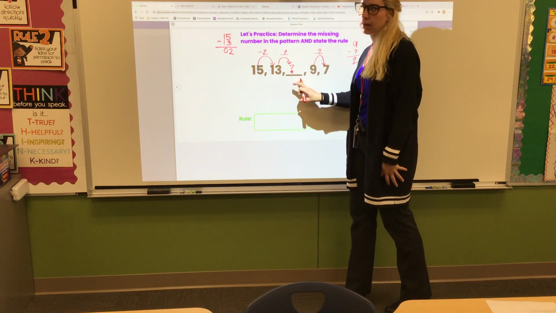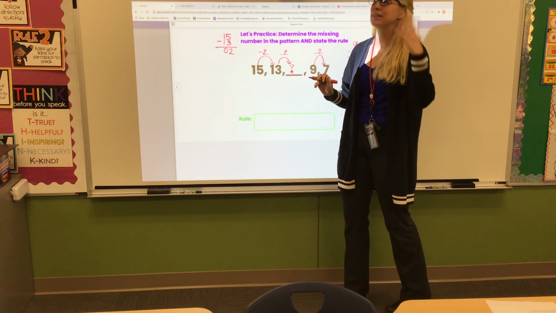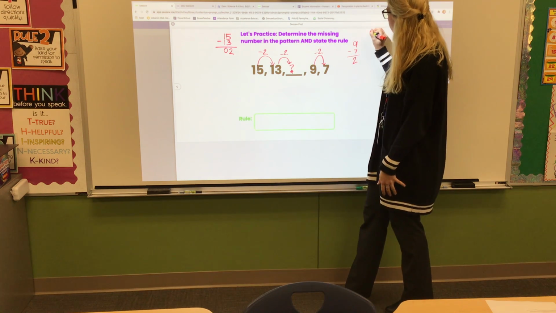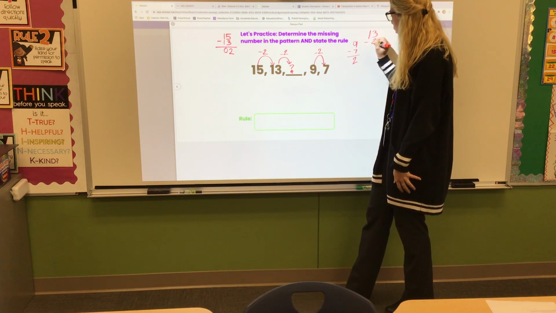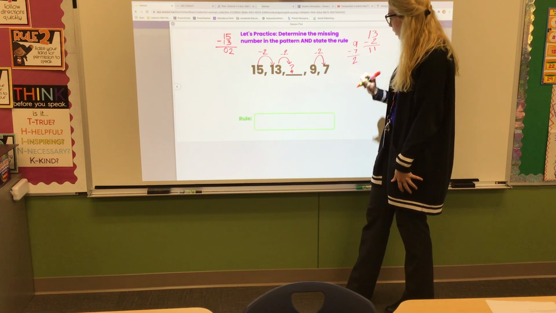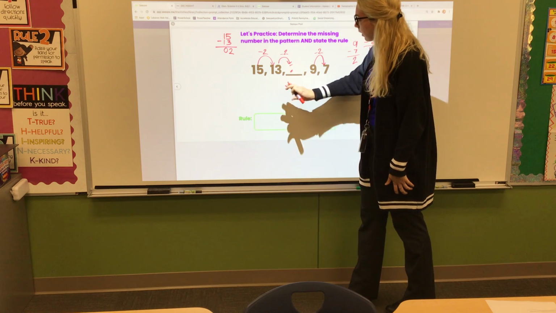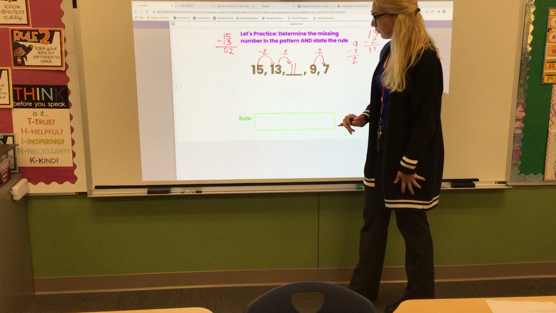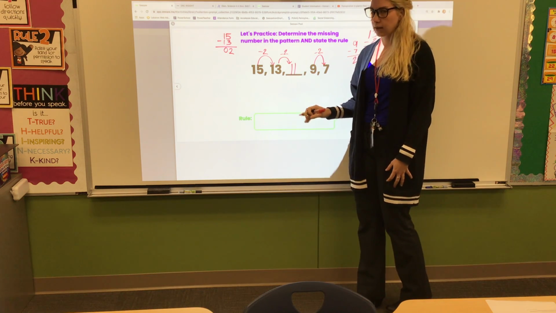What's 13 minus 2? And if you're like, really, Miss Farmer, super bad at math, no idea what 13 minus 2 is, then do the math. 13 minus 2. Well, 3 minus 2 is 1, and 1 minus nothing is still 1. So that gives us, instead of our question mark, we get 11. So 11 is our missing spot, and what's the rule?